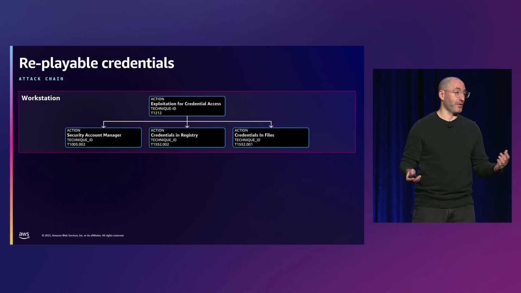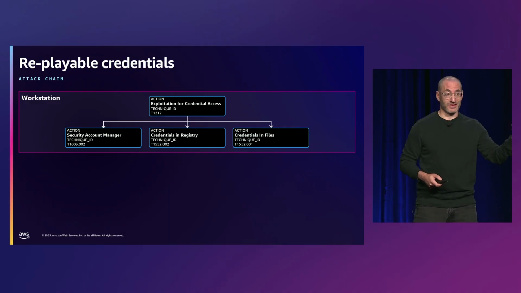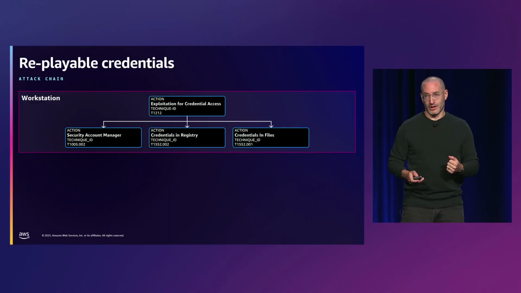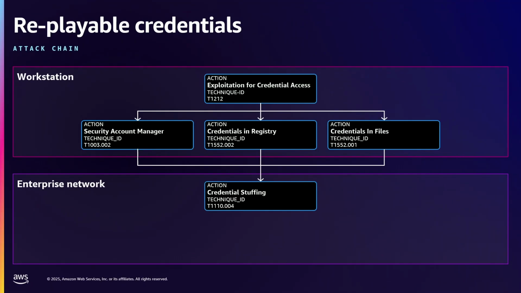That malware then is going to be able to scan the memory of that box, look at sensitive files, look at registries, password managers, and then they're going to exfil those creds, either to threat-controlled infrastructure, or in some cases, they might just take over the box and start credential stuffing services directly from there.